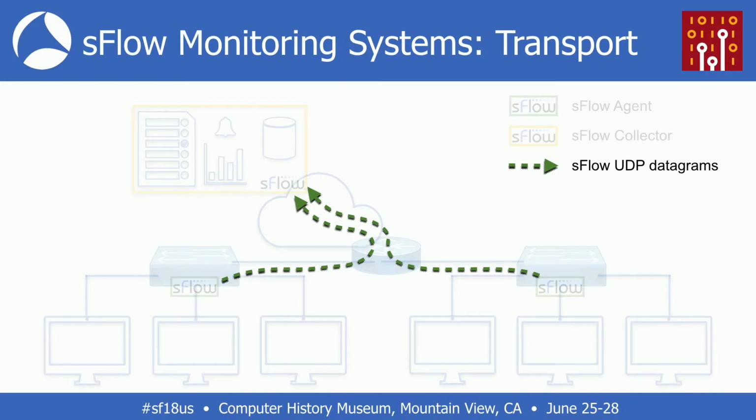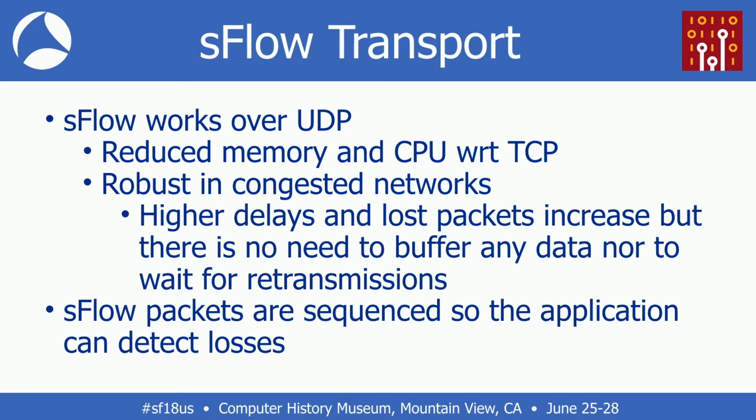So now that we have seen the agents, we have seen the collector, it's interesting to spend a few words on the way that the agents communicate with the collector. I've already mentioned that they talk with UDP. So why UDP and not a stateful protocol such as TCP?